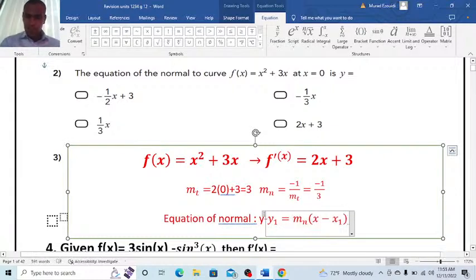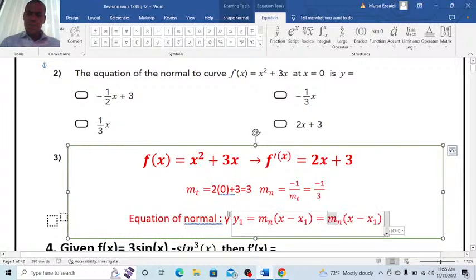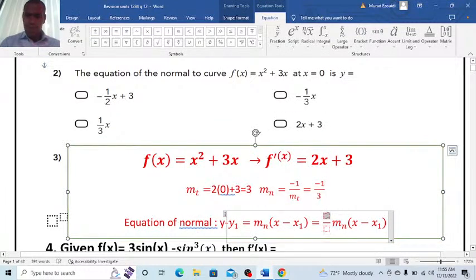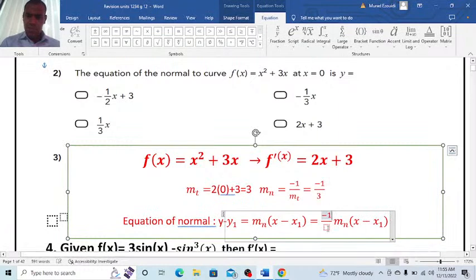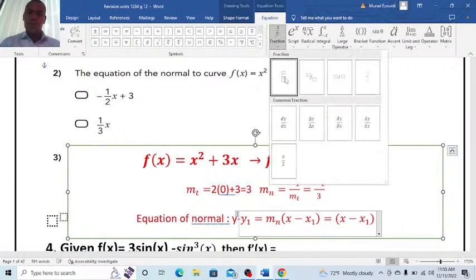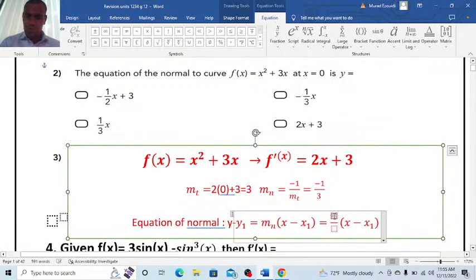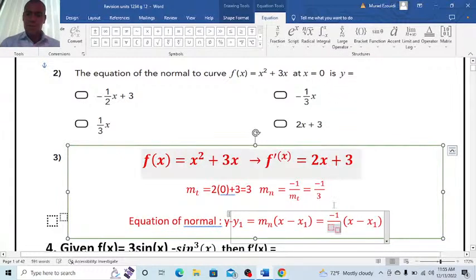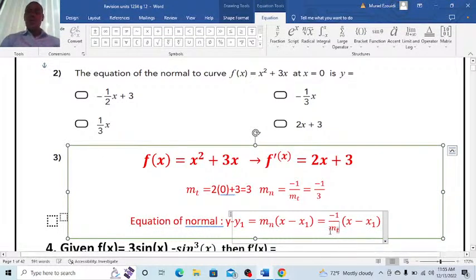This one equals mn, which we said is minus 1 divided by mt, where mt means the gradient of the tangent.